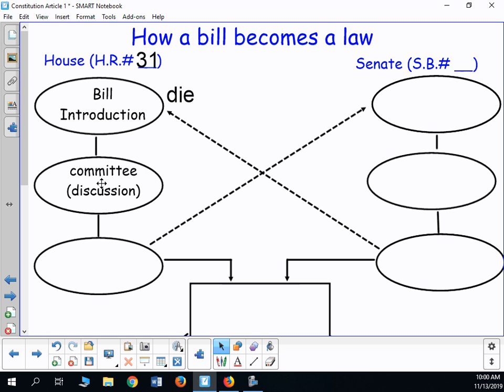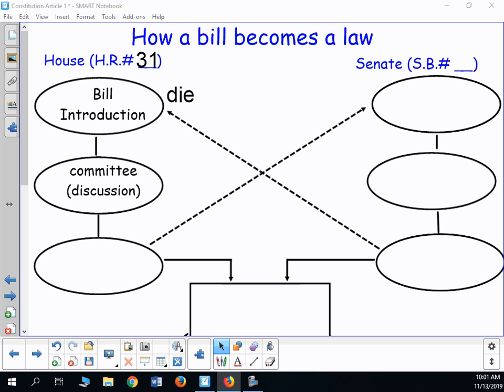Should it continue? Should it be rewritten? Does it need more study? That's in fact what they do. They study the bill. The bill is assigned to a committee, and the committee could be any number of different committees. But for our purposes, if the bill had to do with agriculture, then it would go to the Agriculture Committee. Now, the House of Representatives has all sorts of committees.